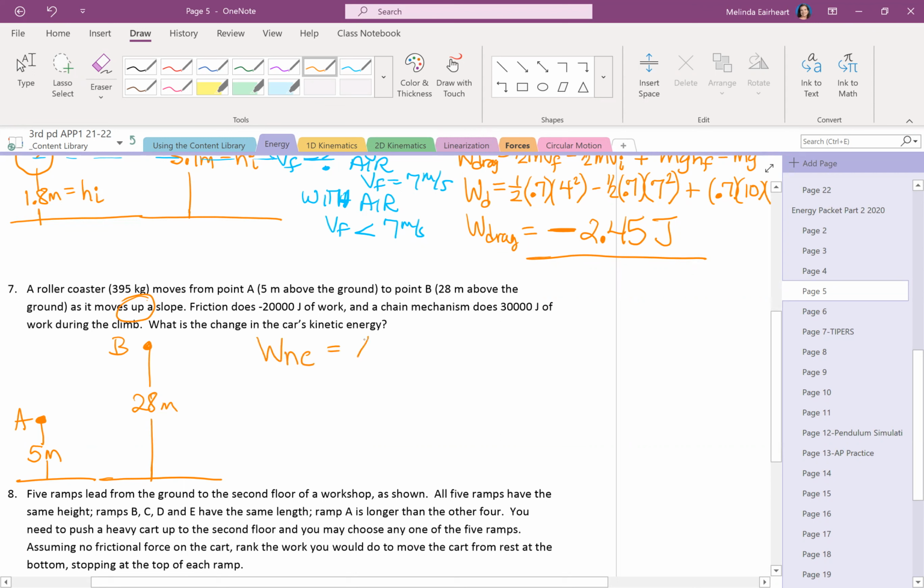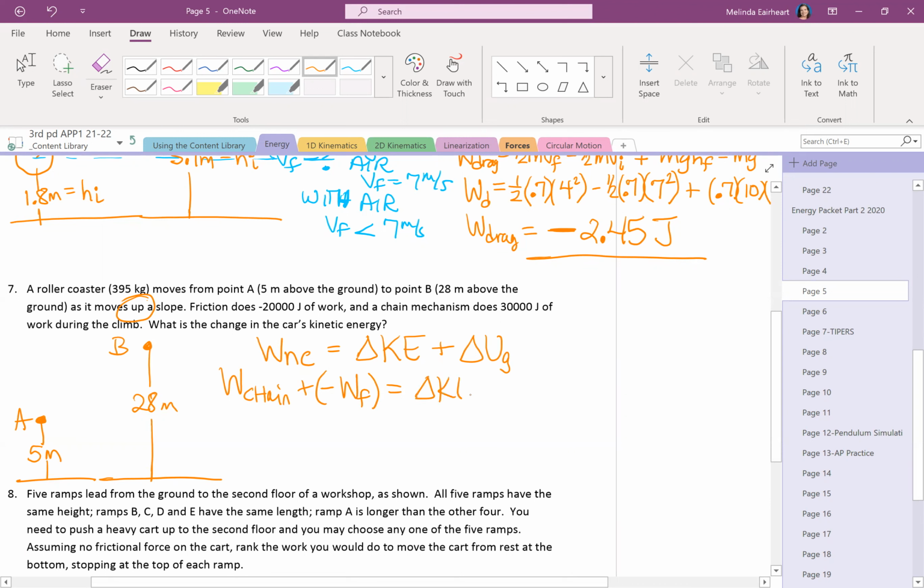And so what if we take this non-conservative approach? Now I'm going straight for the mechanical energy, which is kinetic plus potential, okay? Non-conservative would be the chain plus a negative, they told us, friction.